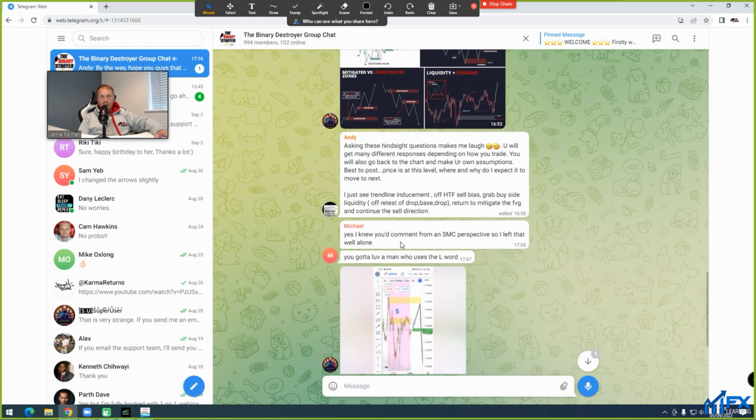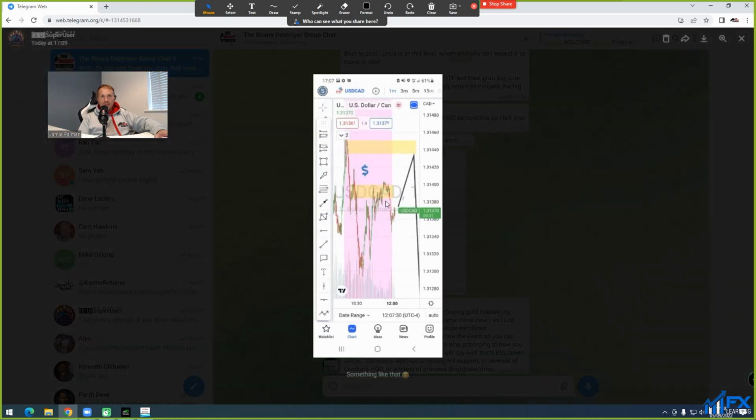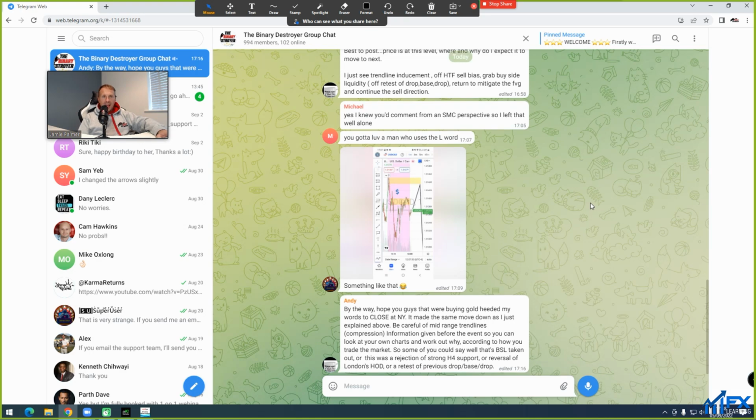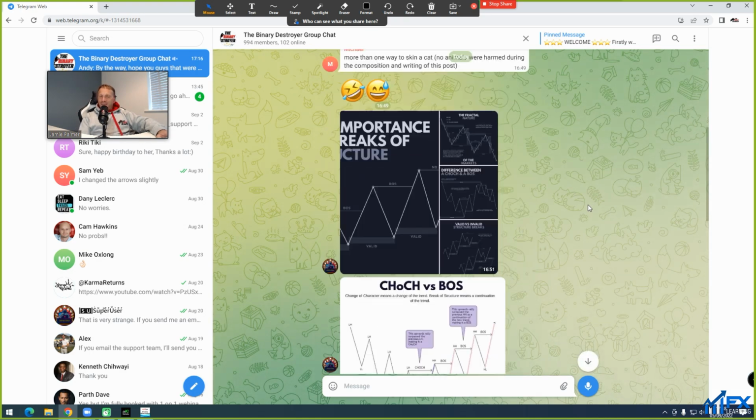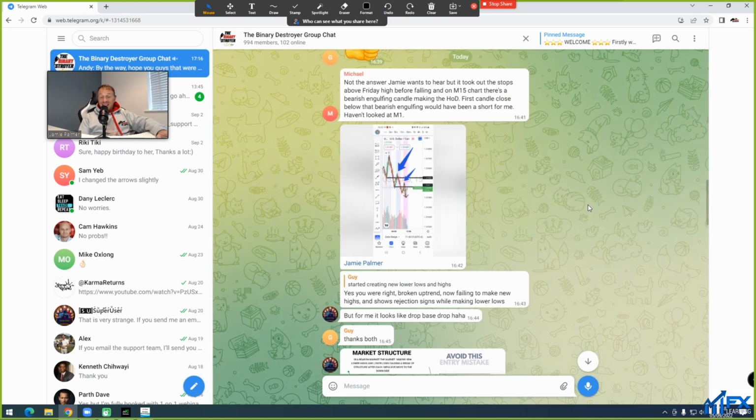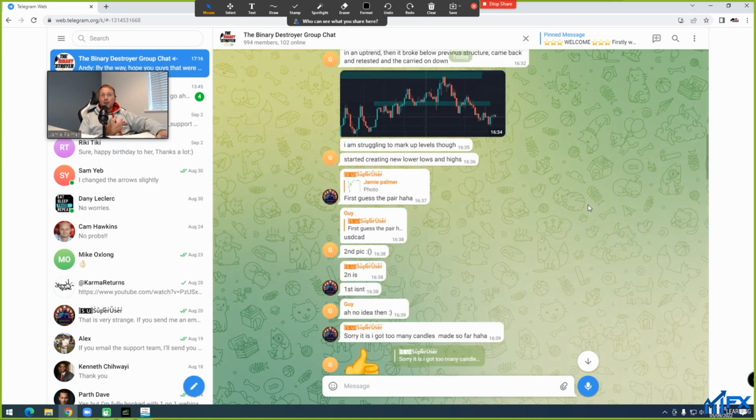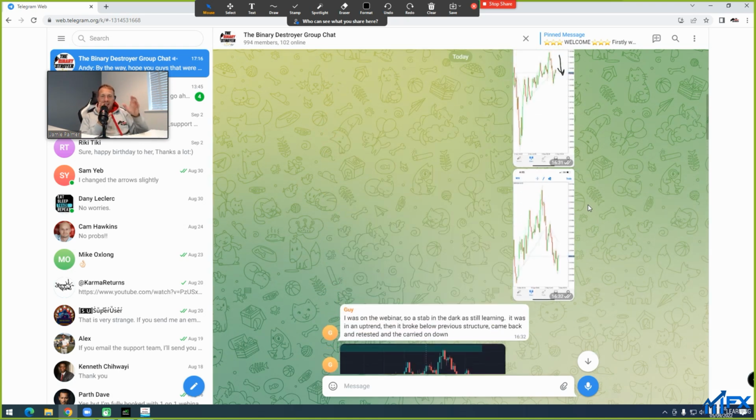Yeah, I knew someone would comment with a smart money perspective. Again, nice little smart money concept way. But it's fascinating, isn't it, that you have one setup and everybody's got a different outlook or different opinion on why that move happened.